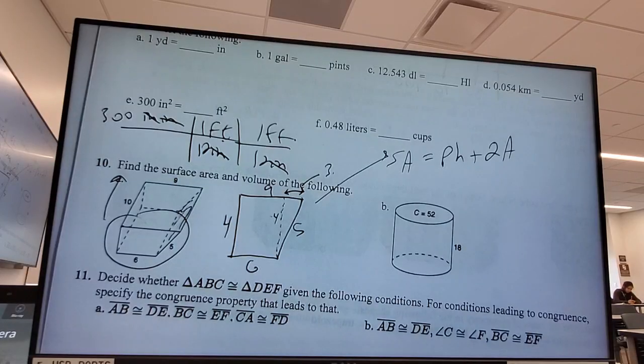Now, to be really honest, you could just get all the areas of all the rectangular sides one at a time. That's the same thing as doing this. But this is all about what makes sense to you. This isn't about memorizing formulas. This isn't about plugging straight into a formula. It's, why does the formula make sense? Is there a way that makes more sense to you?